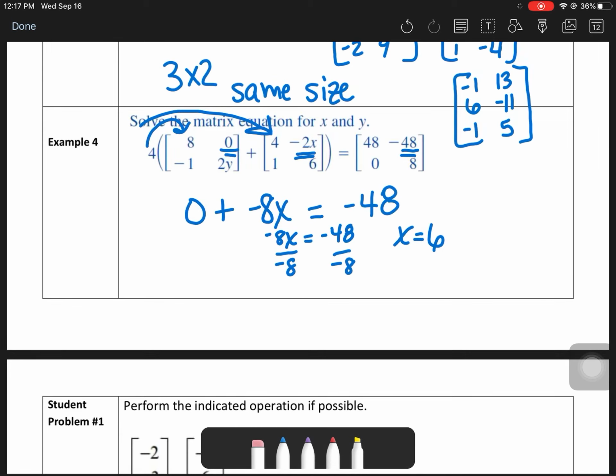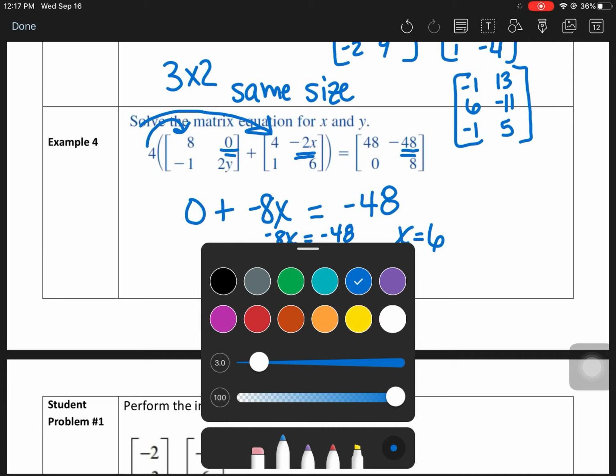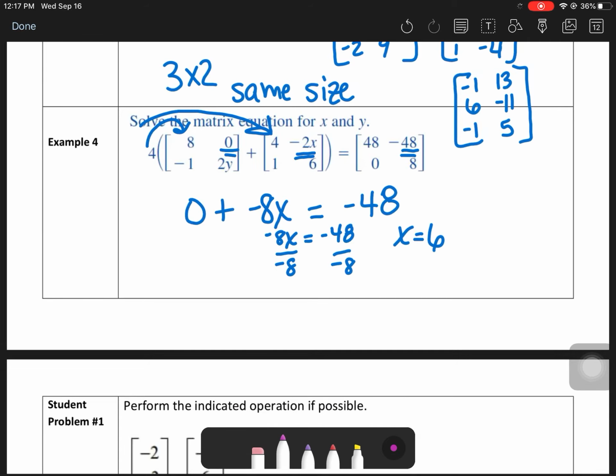Now I want to figure out what our y value is. The y value is down here in the lower right position, so I'm going to distribute. 4 times 2y is 8y. 4 times 6 is 24, and that equals 8.